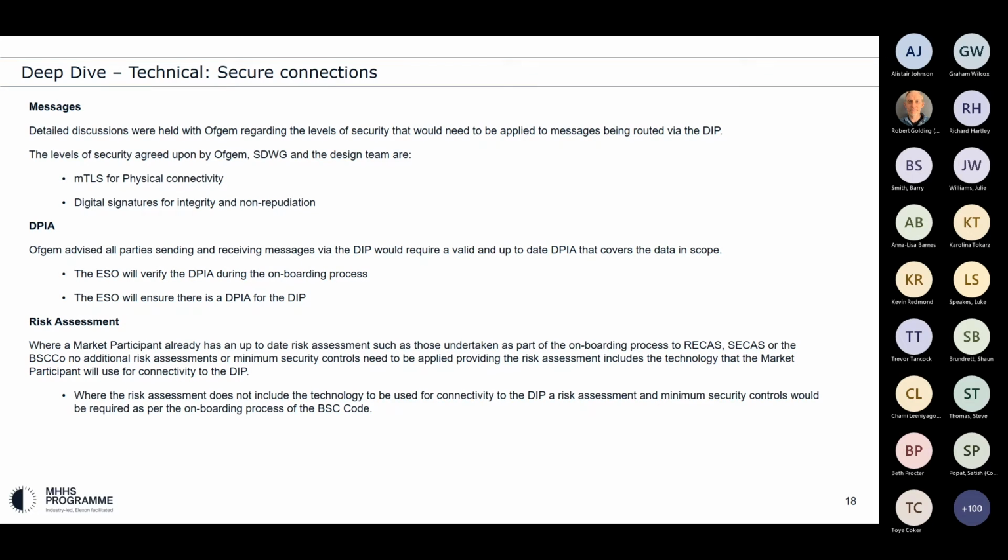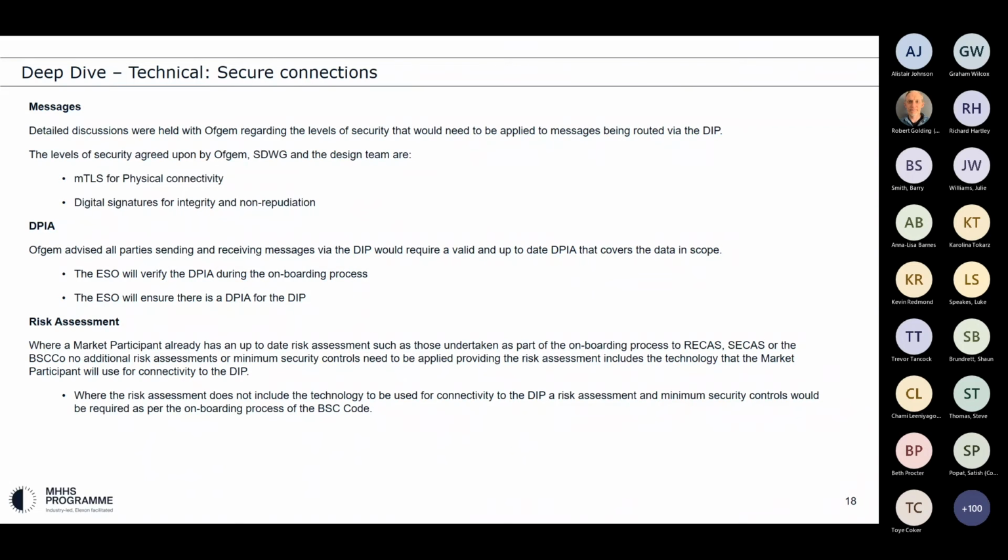So the view is, if the infrastructure and the technology that would be used for connecting through to the DIP is covered within those assessments, then we wouldn't be looking to apply anything else.